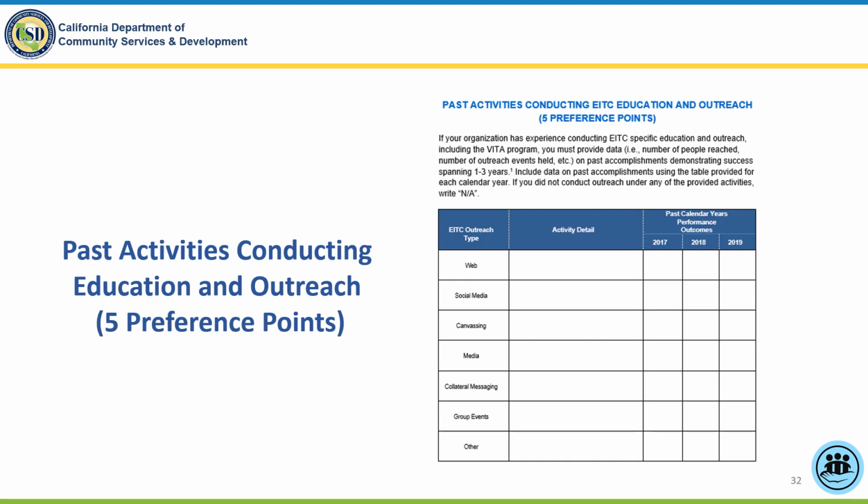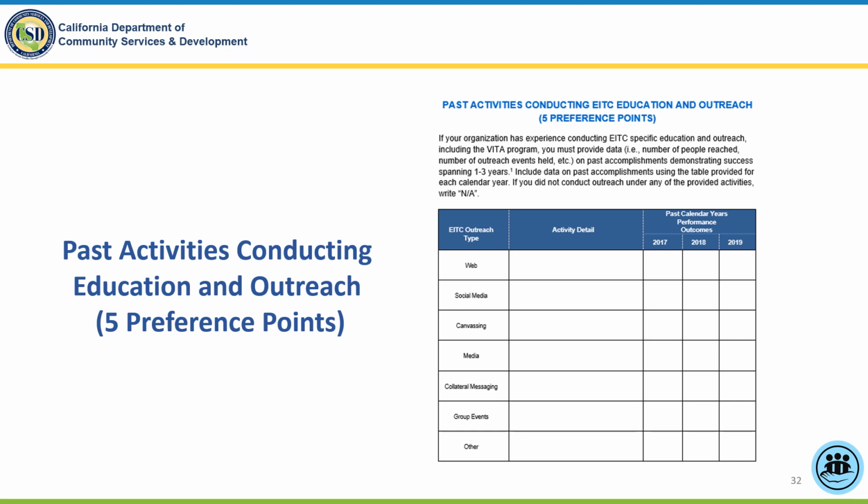Up to 5 preference points will be awarded to an applicant who demonstrates experience in providing CalEITC specific education and outreach. Applicants who have specific experience working on CalEITC education and outreach may utilize the past activities conducting EITC education and outreach table to receive these preference points.